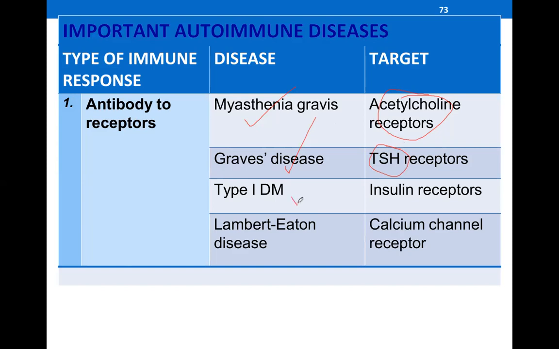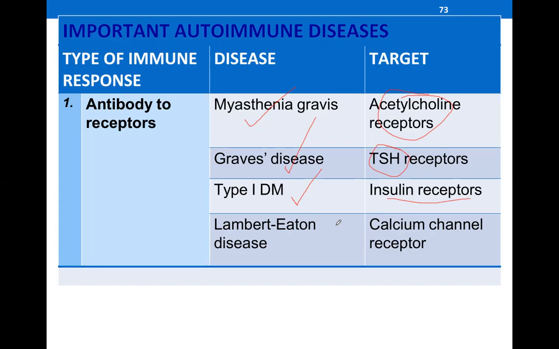Type 1 DM, its target is your insulin receptors. If it targets your insulin receptors, the level of your insulin will also be affected. No, if there is an increased level of sugar or glucose in your serum, there will be no insulin that is secreted by the pancreas, thus producing type 1 DM.